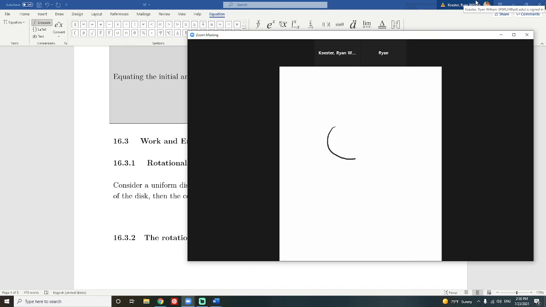Anyway, so the top view, if this is my disk, when I say the force is applied tangentially, I mean it's applied like this. Another way of saying this would be that it makes a 90-degree angle with a line we could draw for the radius. And that's it, right?